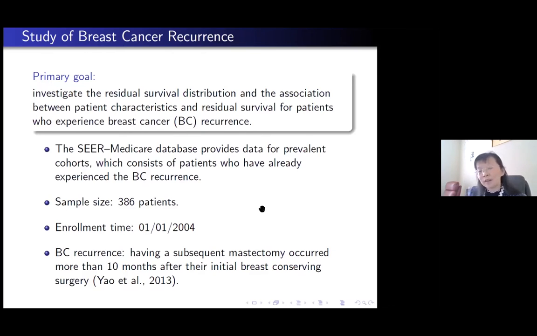Since the residual survival time after the cancer recurrence is the key, our collaborator extracted a prevalent cohort of targeted patients who experienced breast cancer recurrences from the CMED care database, which was used as preliminary data analysis for their grant application.